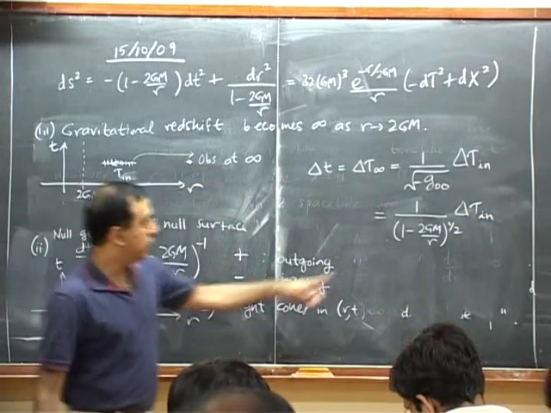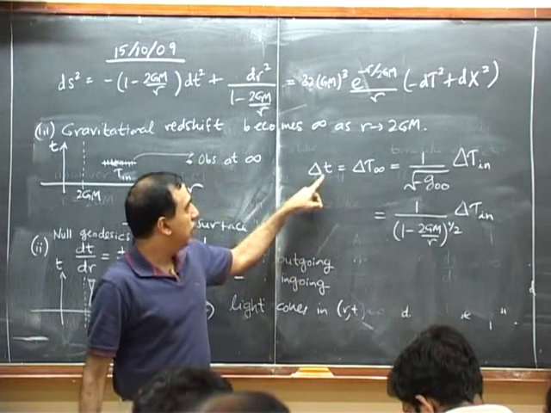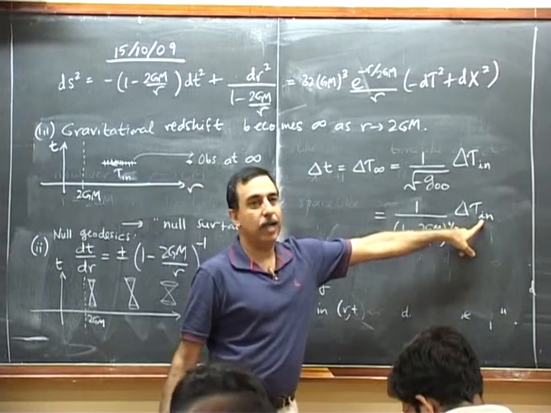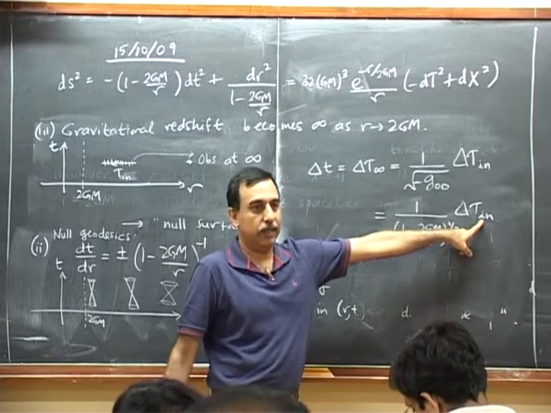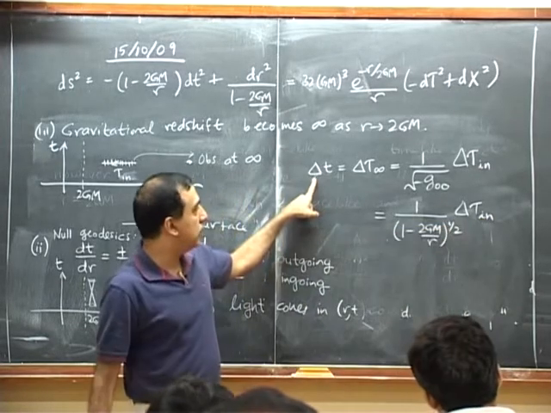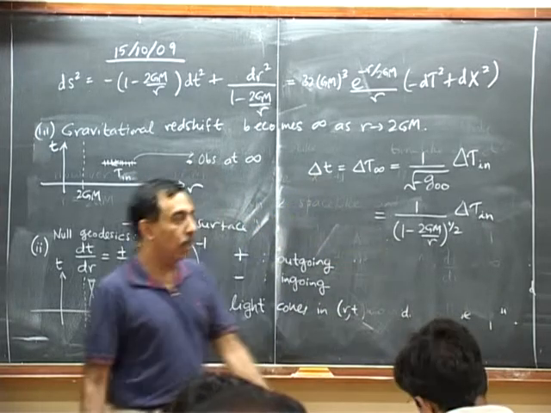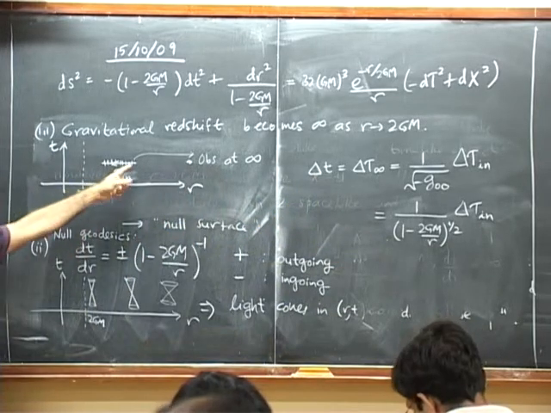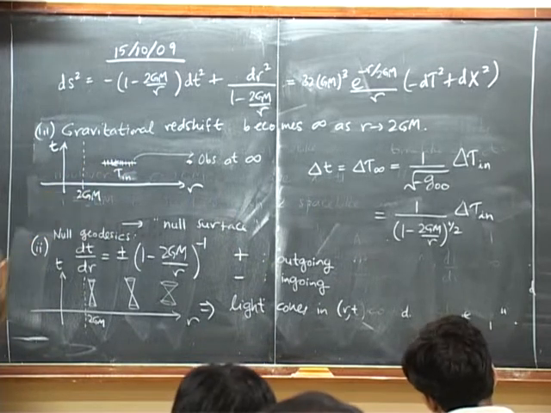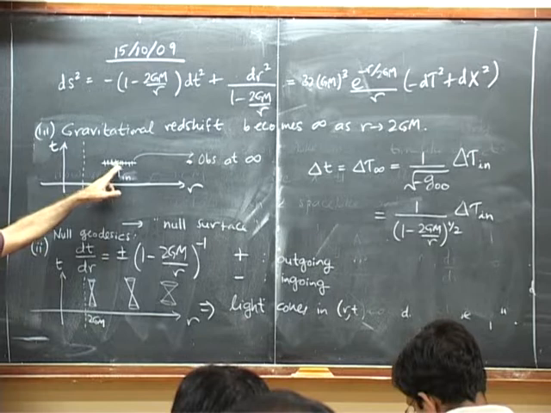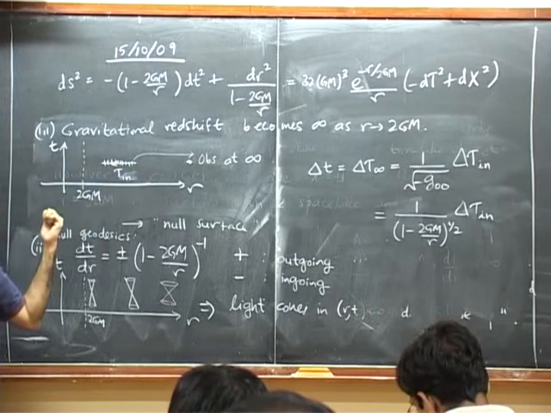That means this is tending to 0 as r is approaching 2GM. This is a fixed time interval that the person emitting is sending at fixed time intervals. Therefore, this person's time intervals are becoming larger and larger from this formula. That means as this person approaches here, the gap between one beep and the next stretches enormously until by the time the person appears to reach here, the gap has stretched to infinity.